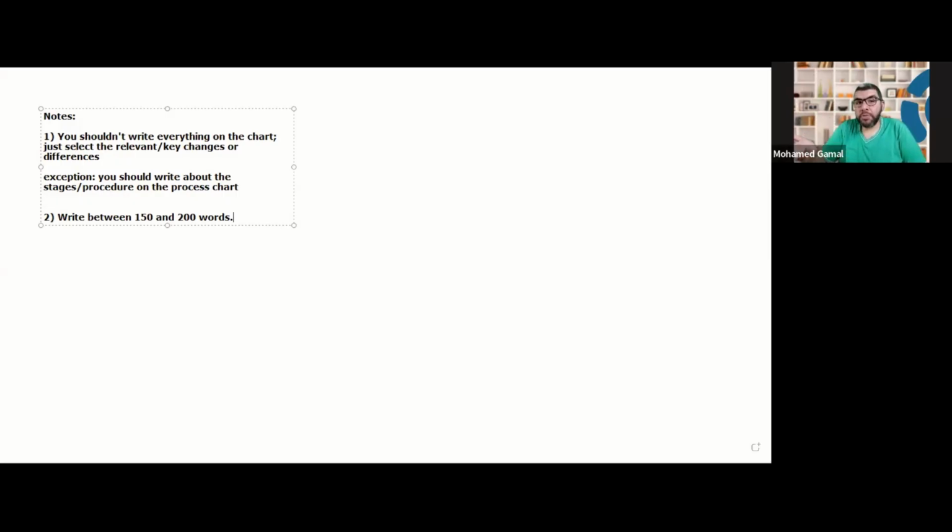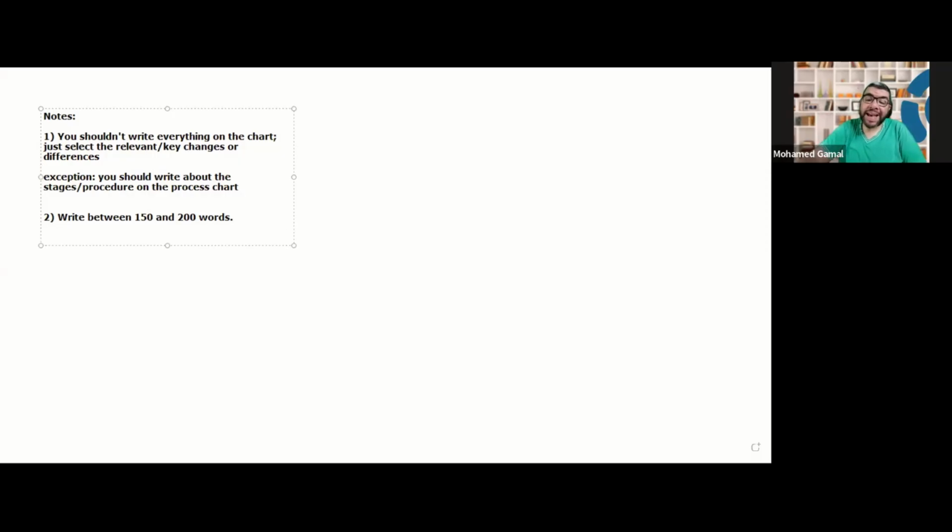And what will help you to be within the range is using complex language, complex structures or complex vocabulary. Instead of explaining things or adding unnecessary long sentences, you can shorten this into a very short one by using complex structures, as I said, or vocabulary. So these are the first 2 things that you need to highlight.